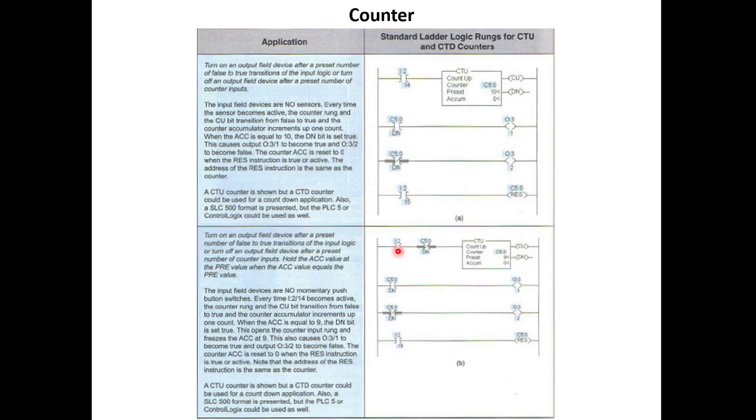Even if you bring a new bottle later, because the accumulator has already reached the preset value, it will not go up further unless you reset the system. So this is the way you can stop counting after the accumulator value reaches the preset value. This is one way of programming.